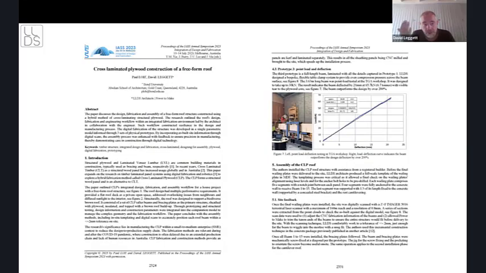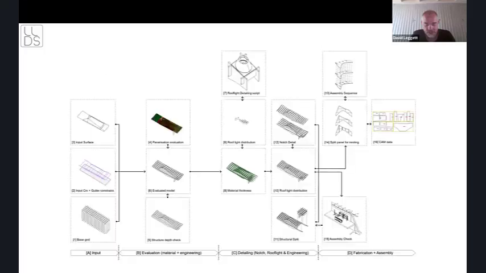In fact, we even published a paper on the techniques that we used and how to make a free-form roof. So this was presented at the IASS back in 2023. And if you want to know more, I'm sure this is still downloadable from their website.